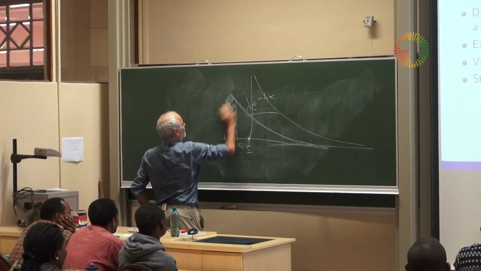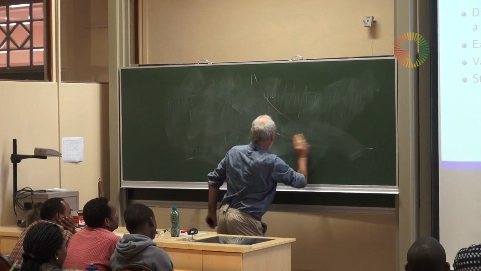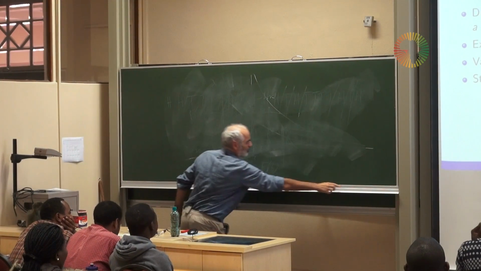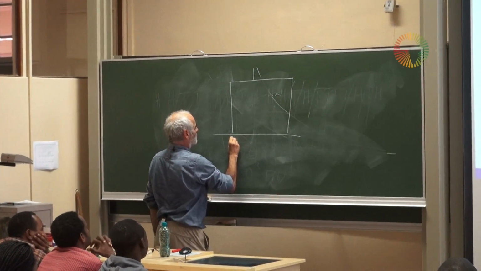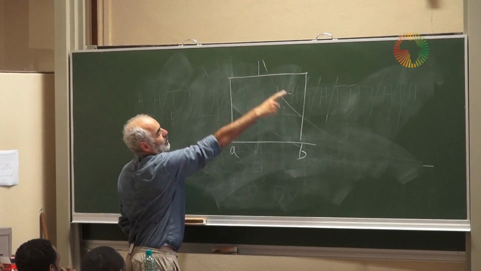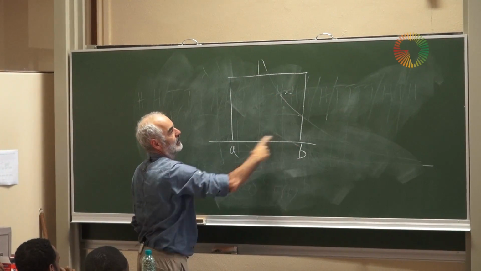Now, the uniform distribution, another useful one. The uniform distribution just says that something could be anywhere between A and B and is equally likely.